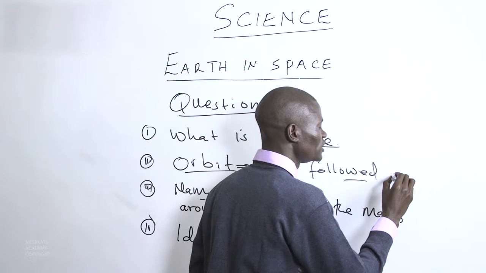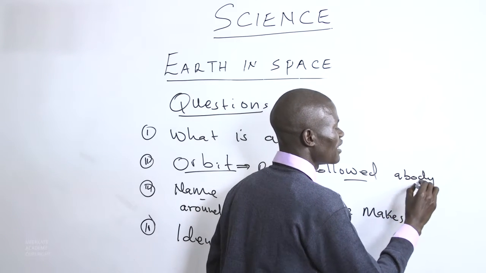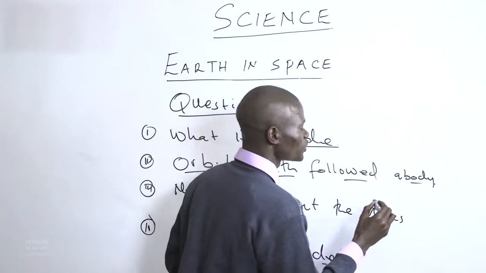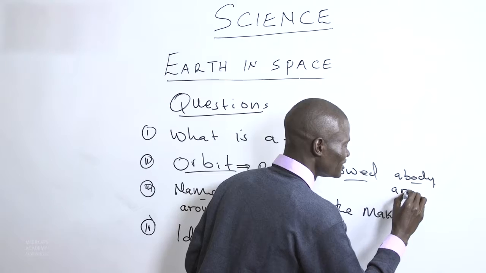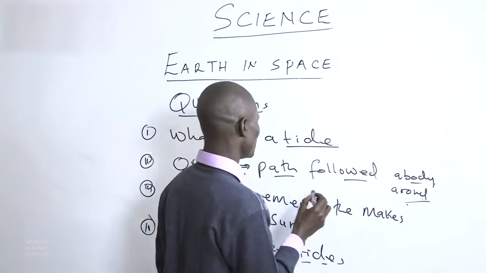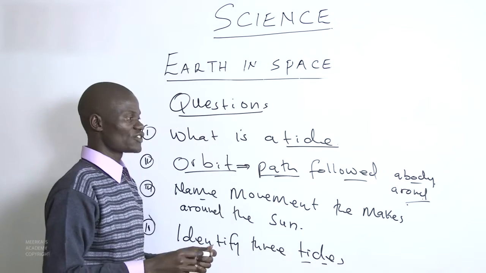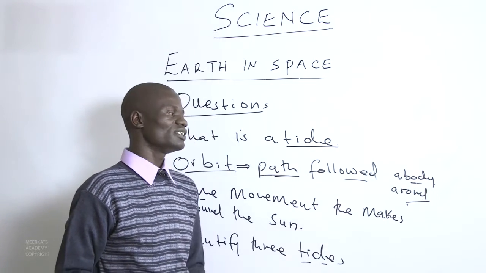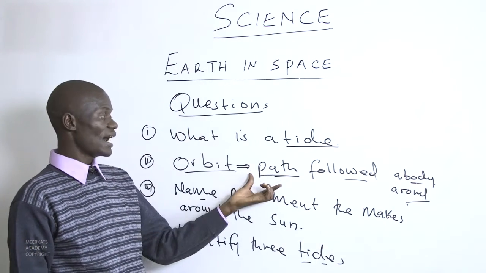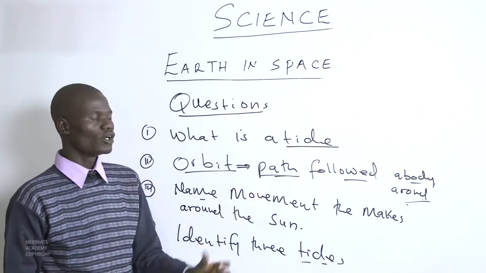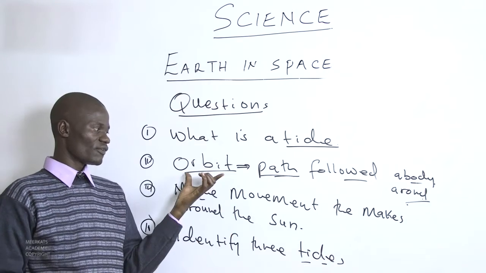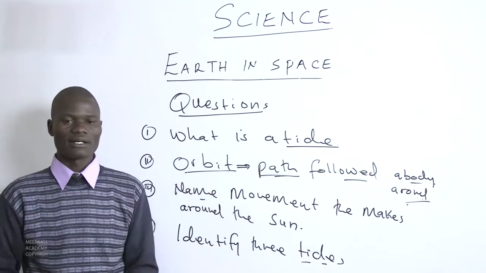It can be a moon or a planet going around another planet or around the sun. It can be the earth going around the sun, or the moon going around the earth. It follows a special path that is called an orbit.